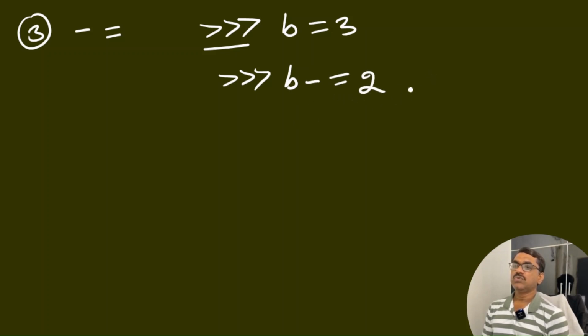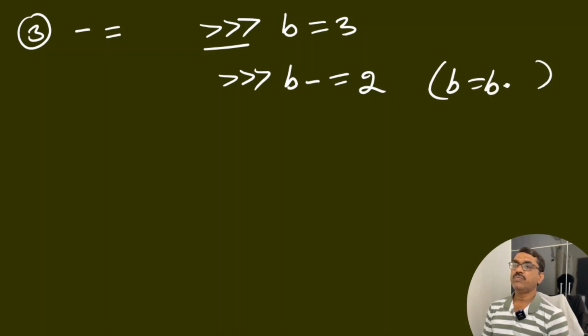Similarly, third one we are talking about is minus is equals to. At the Python shell, you take some variable b is equals to 3, right? After saying here, I'm writing that b minus is equals to 2. B minus equals to 2. So what is the meaning of this b minus equals to 2?